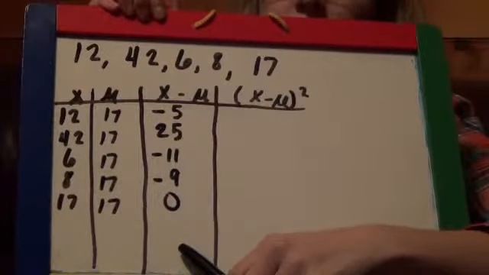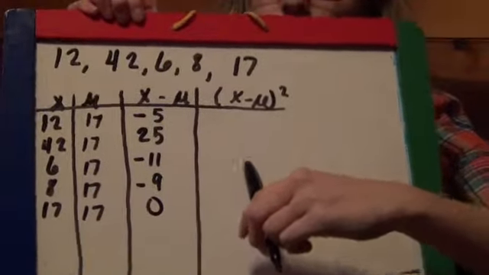In the next column, we're going to take whatever we got in this and square it and just put that total here. So negative 5 squared is a positive 25. 25 squared is 625. Negative 11 squared is 121.